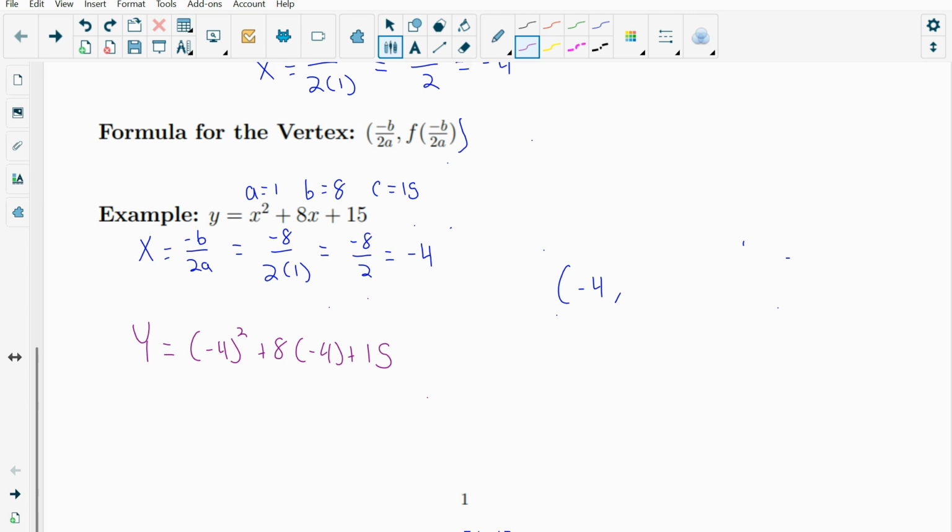So I've got negative 4 squared, which is just 16, plus negative 4 times 8, which is negative 32, plus 15. Now, if I do the math, I've got 16 minus 32, which is negative 16, plus 15, which is going to give me y equals negative 1.